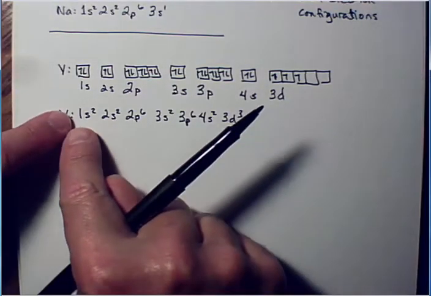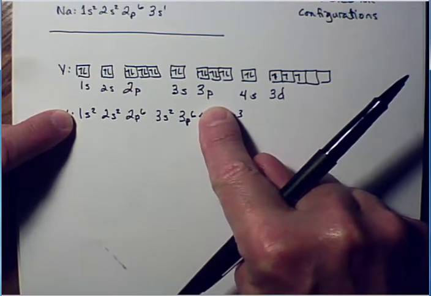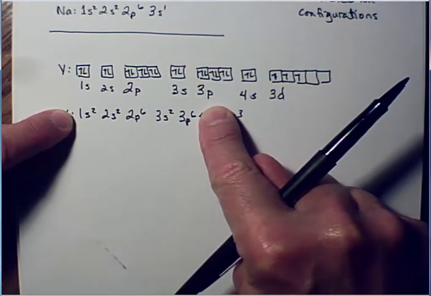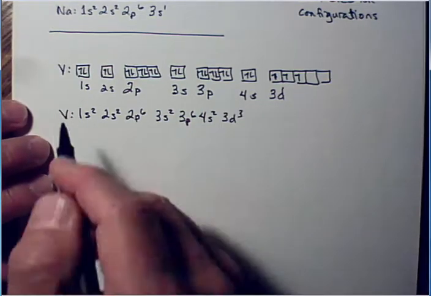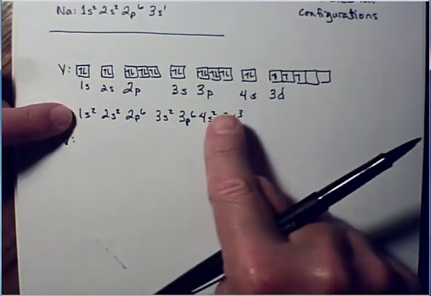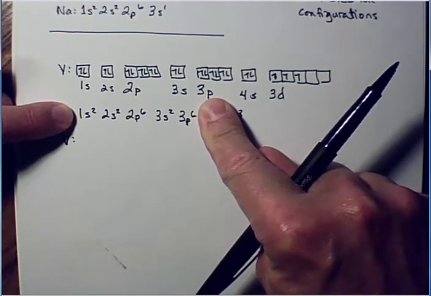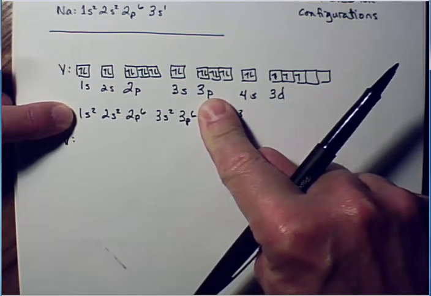What we're going to do is replace that part of this electron configuration that is also argon's electron configuration with the symbol for argon. Let me show you how that works. Here's vanadium. Here's that colon. And this part right here, between my fingers, is the electron configuration for argon.